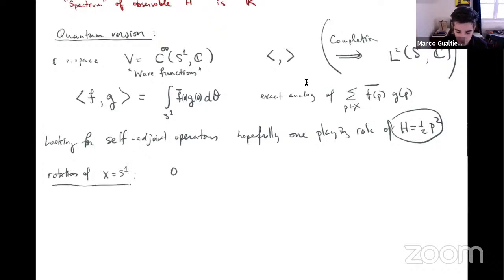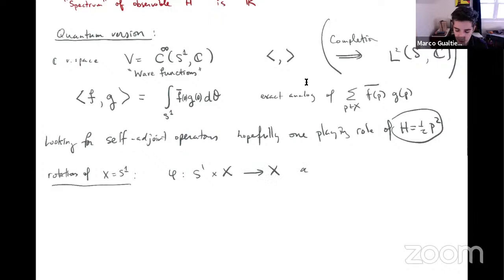So, for example, just not to be confusing, I'll call S1 X, that's the space, and I'll call S1 the group, just S1.